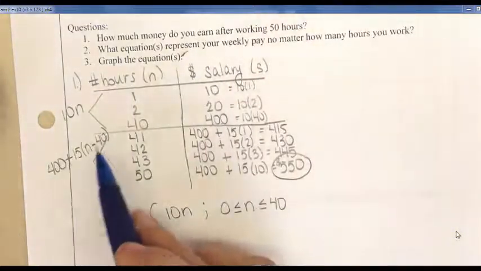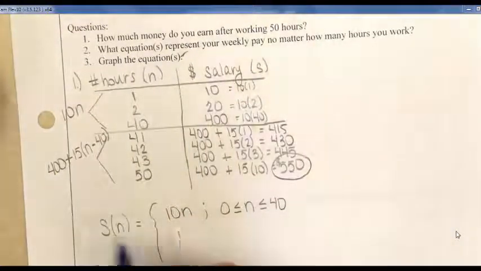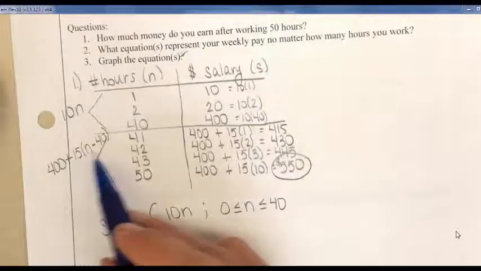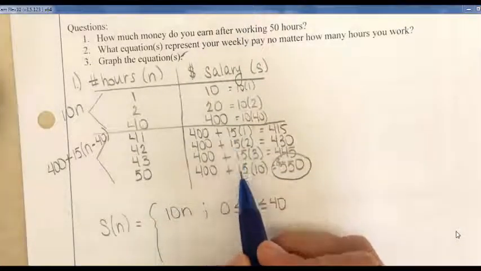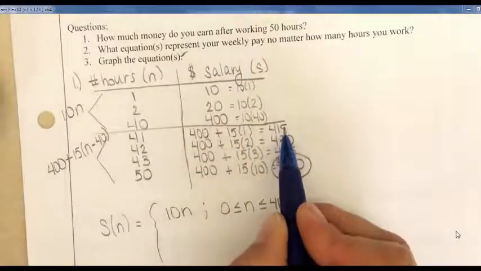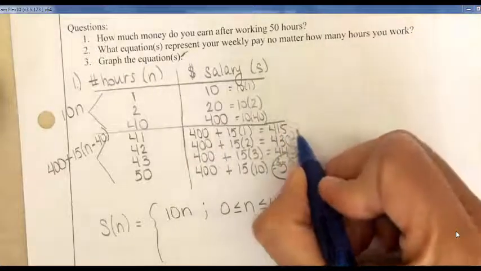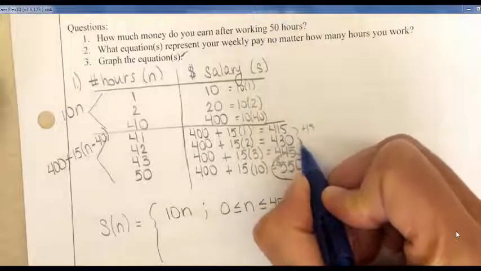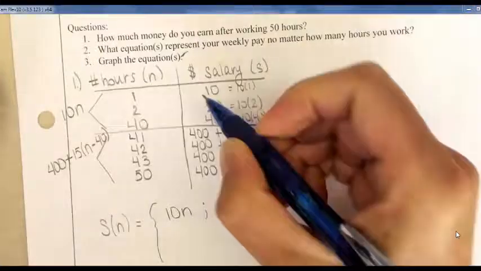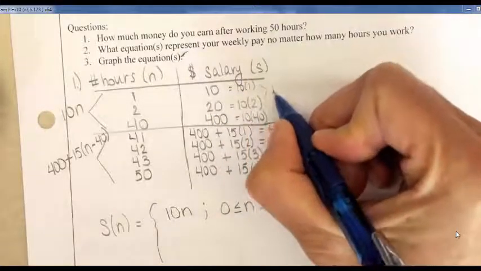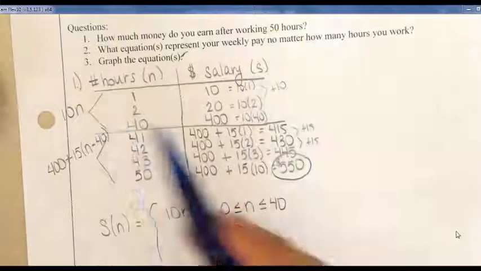Now the second piece, and if I want to put my slope first, my slope here, the rate of change here is 15, right? Every time it's going up by another $15. You can see that here. Every time this is going up by 15. Every time this one here, this one's going up by 10, right? That's my slope.